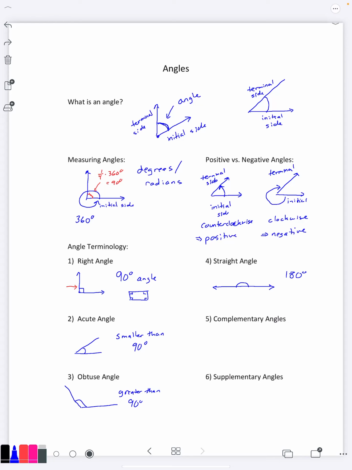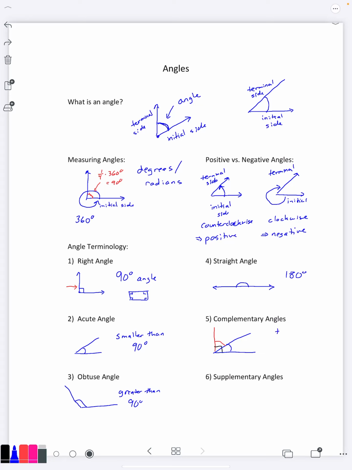These last two are a little different. These are called complementary angles and supplementary angles. The idea of a complementary angle is you have one angle here, and then you have a second angle, and the idea is that if you combine both of them together, you get a right angle.